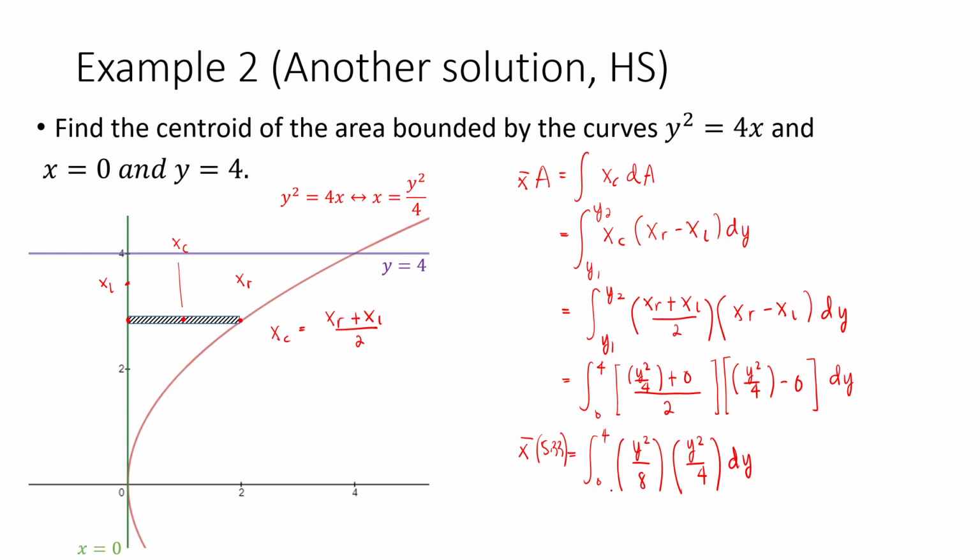Again, we're going to solve this separately. The right hand side should be solved first. Again, the calculator only accepts x variables, so you need to plug it in as x squared over 8 and then x squared over 4.